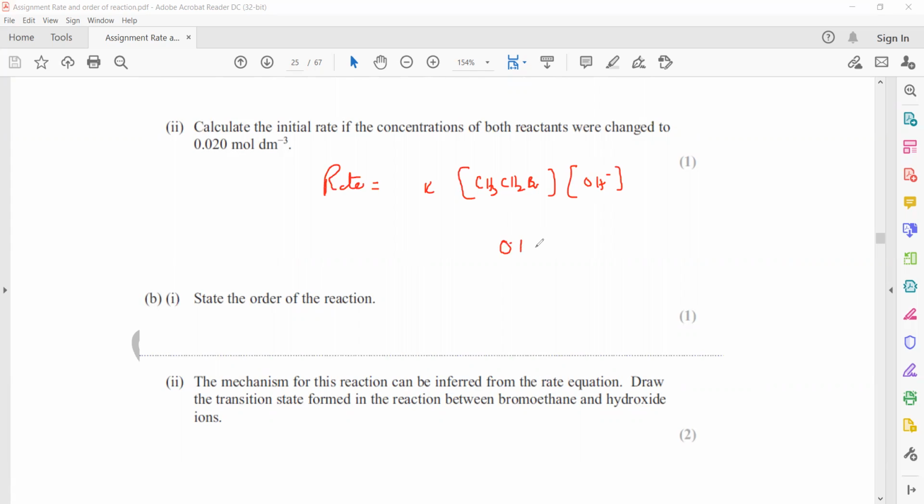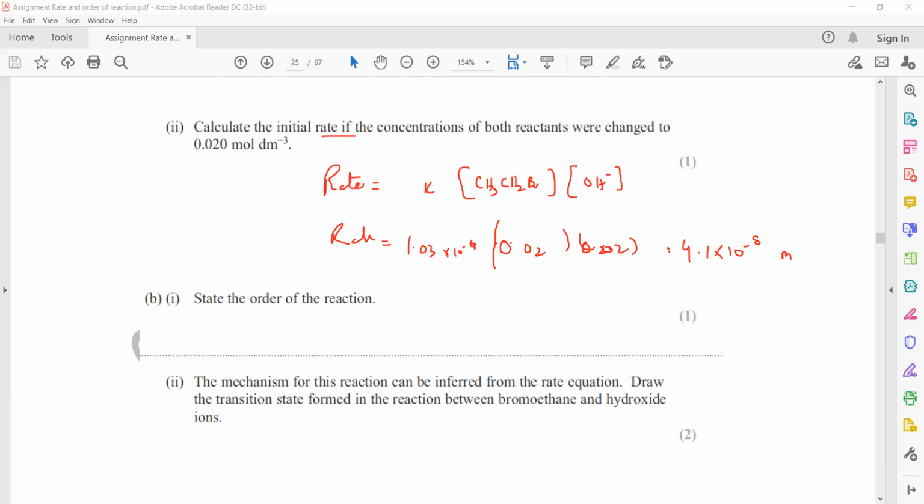So we make the same concentration, 0.02, for both reactants, and the value of K we already worked out, it was 1.03 into 10 to the minus 4, the previous answer. So we multiply them all, and we get the initial rate, which will come out as 4.1 into 10 to the power minus 8.